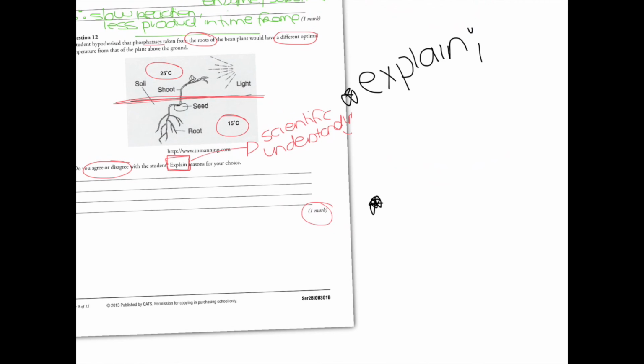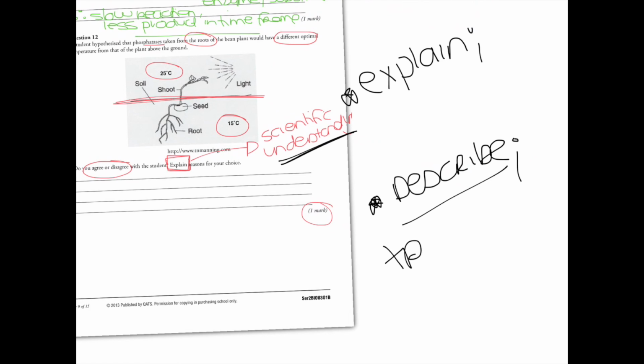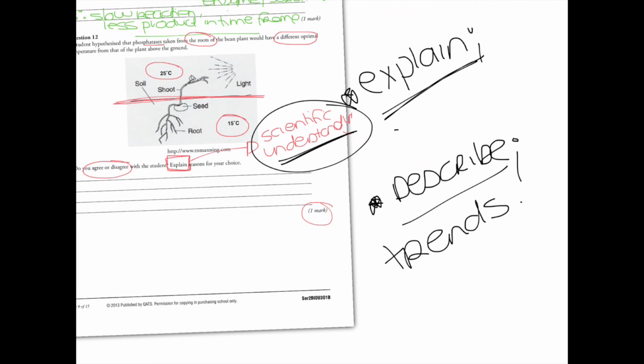Explain is your scientific understanding, whereas the other keyword, which I can't think of right at the moment, is going to just ask you to describe. Oh, that's right. Describe is just going to ask you to tell them about the trends. If you're asked to explain something, you need to talk about what's happening in terms of scientific understanding. So in this case, you're going to talk about enzymes.